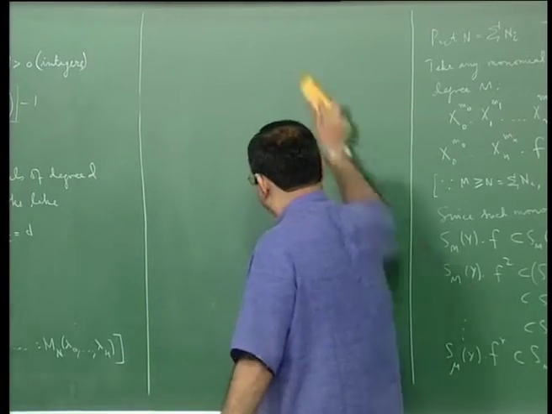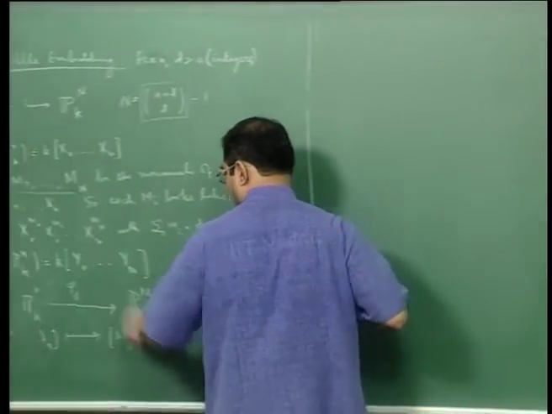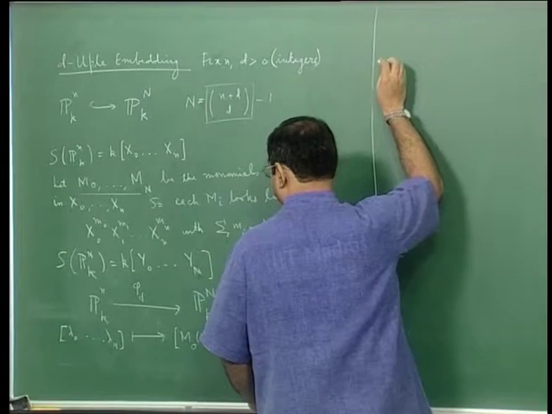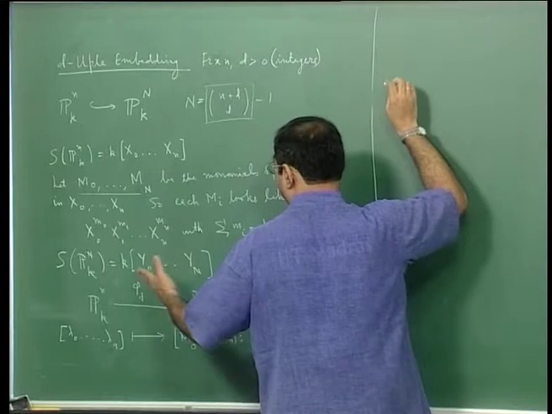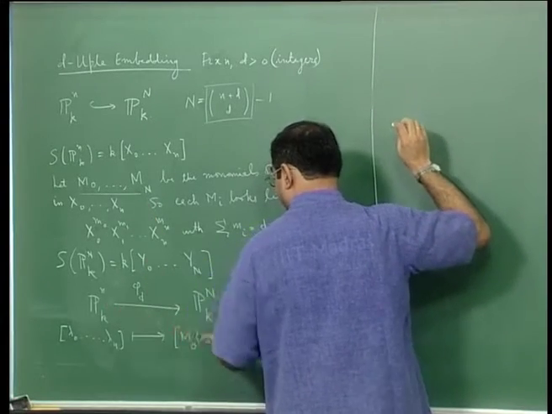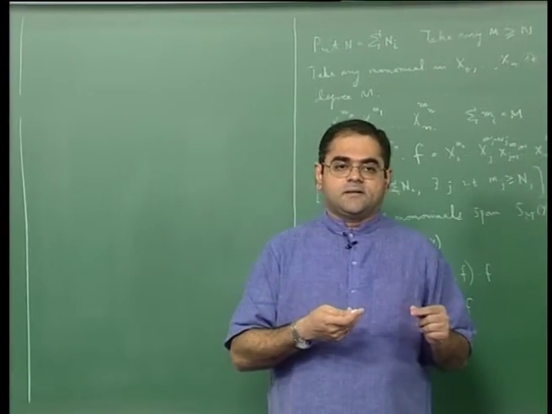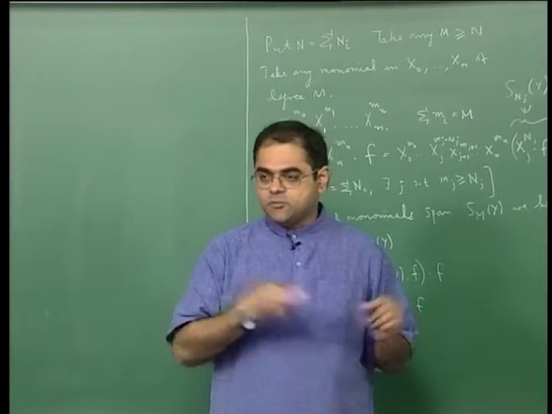So the first thing one notices is that whatever is happening here in terms of coordinates can be reinterpreted in terms of commutative algebra, in terms of the corresponding homogeneous coordinate rings.